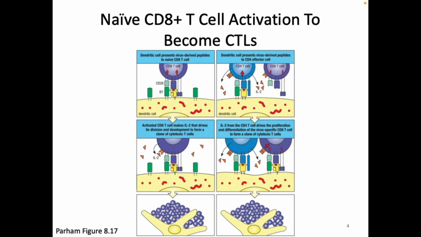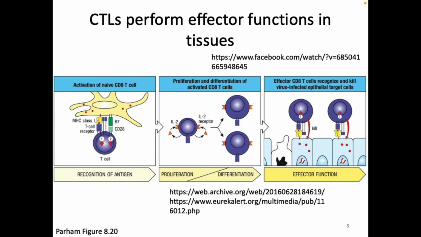And now that CTL is going to be able to perform its effector function in the tissue. So here's that cell getting activated, ideally by a dendritic cell in a secondary lymphoid organ. Here's that cell proliferating as well as differentiating. And now that cell has the ability to be a CTL in the tissue.